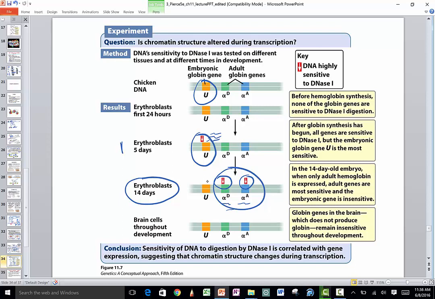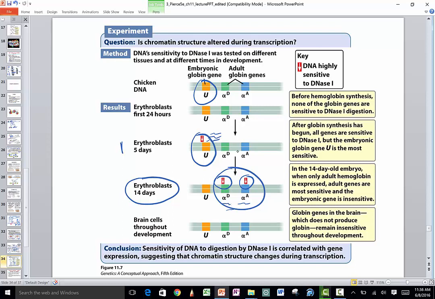So we've got a situation where different genes from the same region are expressed at different times, and DNase hypersensitivity correlates with the gene expression. So when the U gene is expressed, the U gene has a hypersensitive site, and when the alpha D and alpha A gene are expressed, they're correlated with a hypersensitive site.